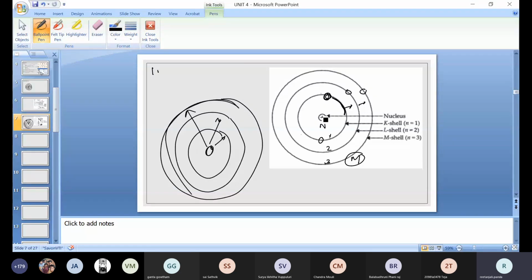The attraction force of the nucleus on the first orbit electron is highest compared to the external orbits.